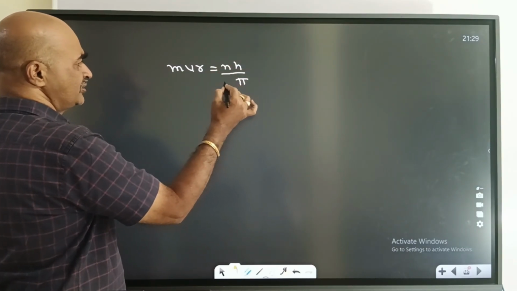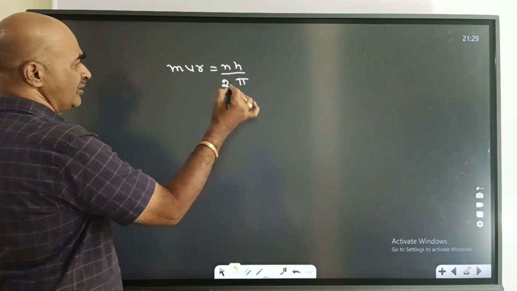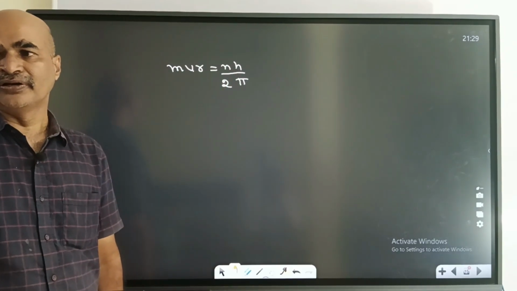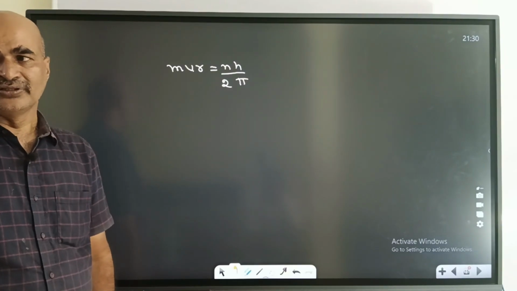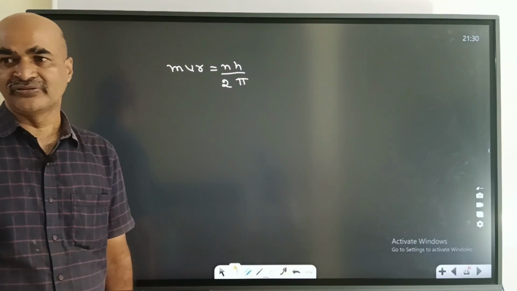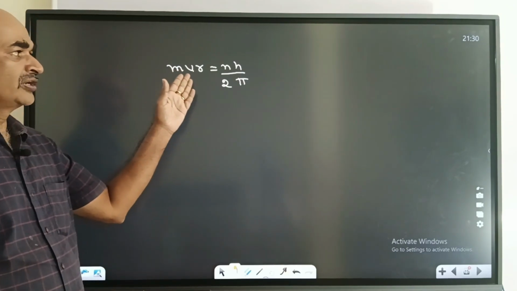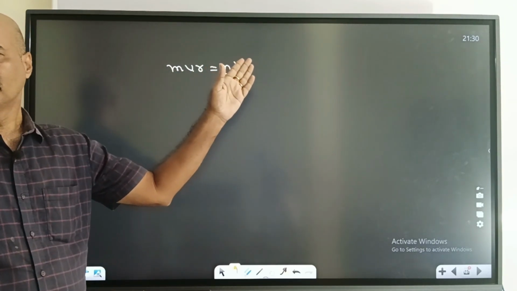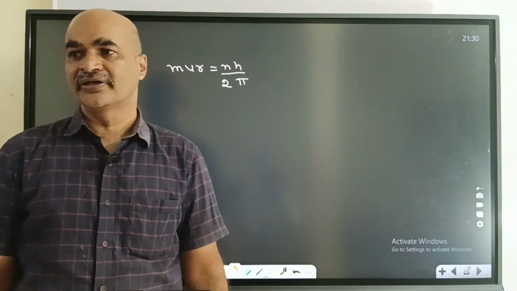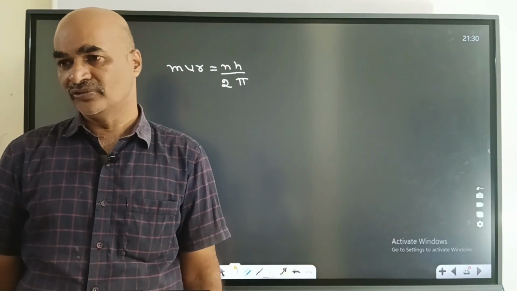That is, angular momentum is an integral multiple of h by 2 pi. These are the important postulates in Bohr's atomic model.